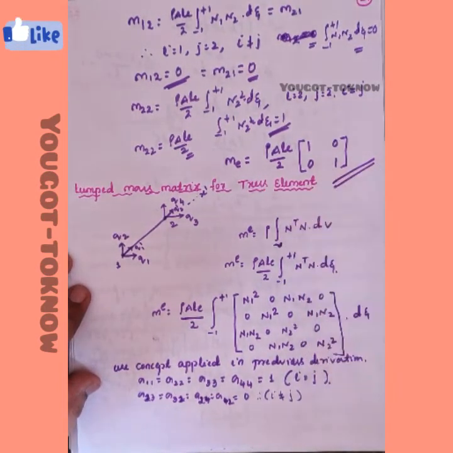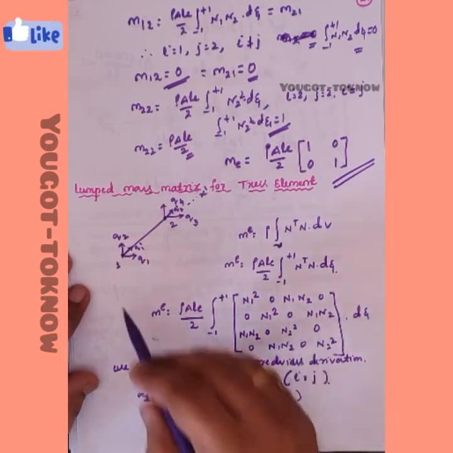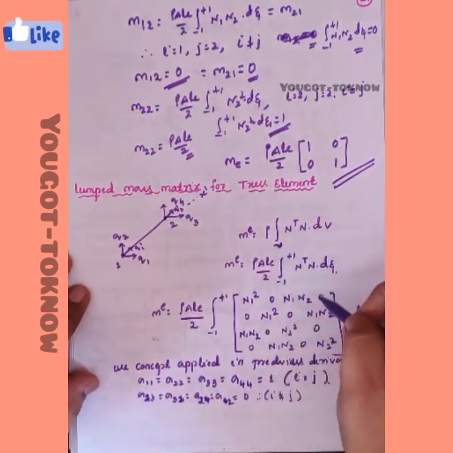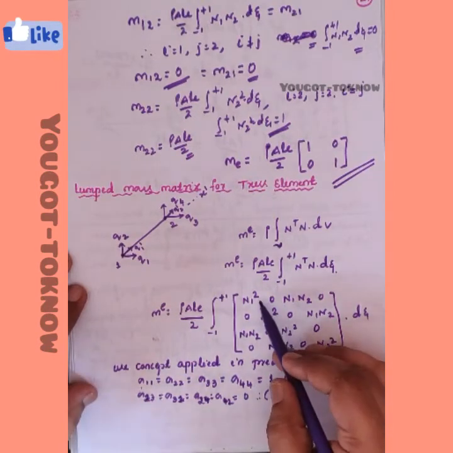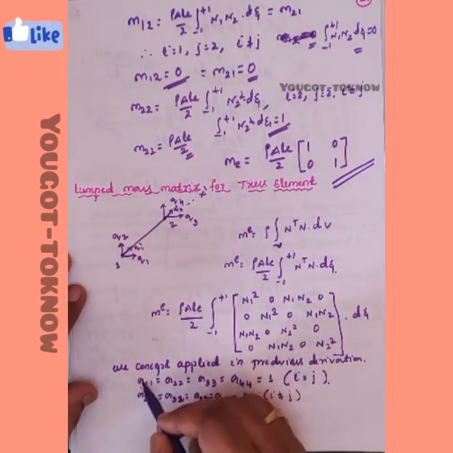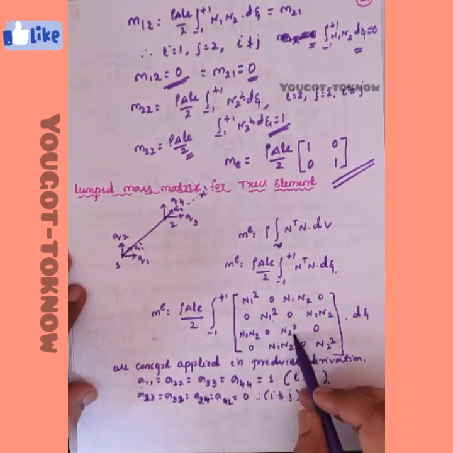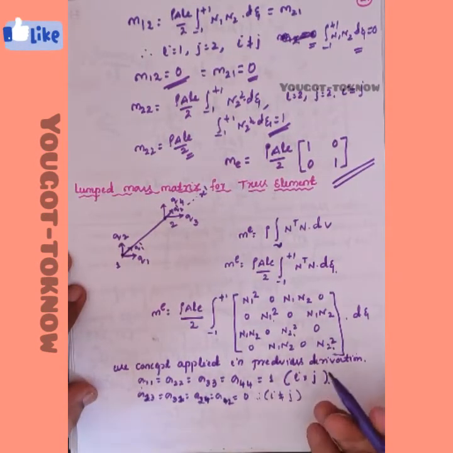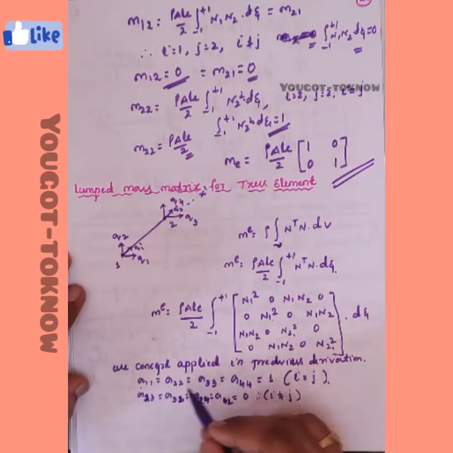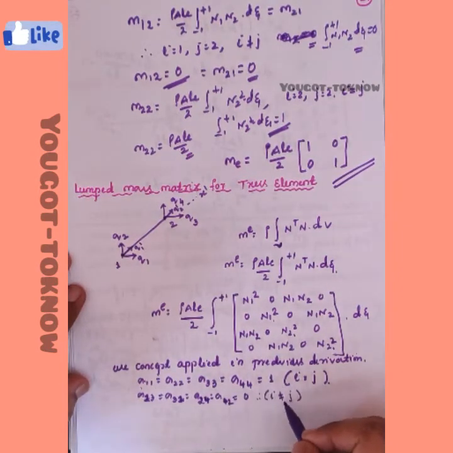Now repeat the same concept for your truss element. You know how to write a truss element. Same concept, do up to this. Now how do we calculate it? If you observe, this is M11, M22, M33, M44. I had written A11, A22, A33, A44 here. This is also nothing but M11, M22, M33, M44 equal to 1.